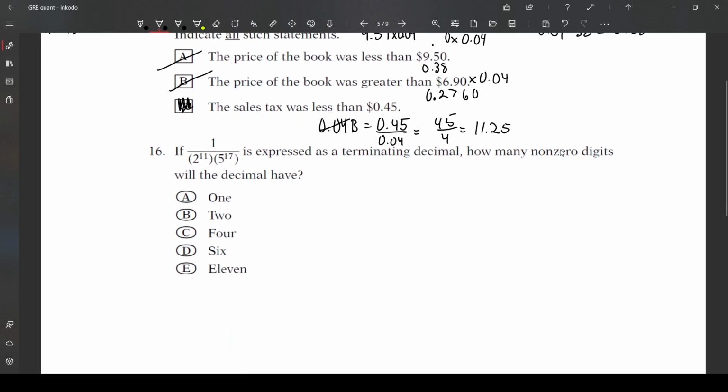How many non-zero digits will the decimal have? Okay, so the trick here is to make these into some multiple of a power of 10, which we can do by extracting the excess powers of 5, and we get 5 to the 6 times 10 to the 11. Of course, this is all over 1.